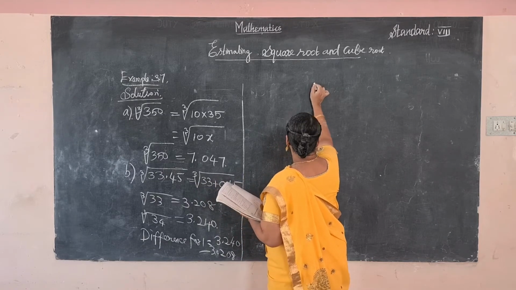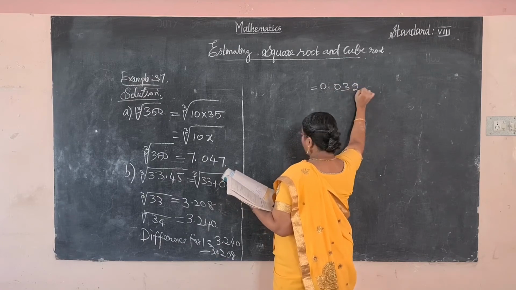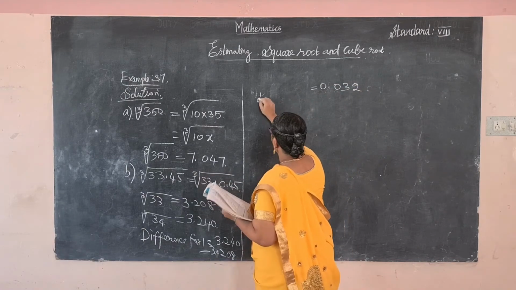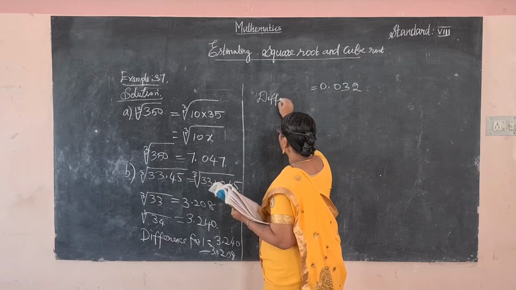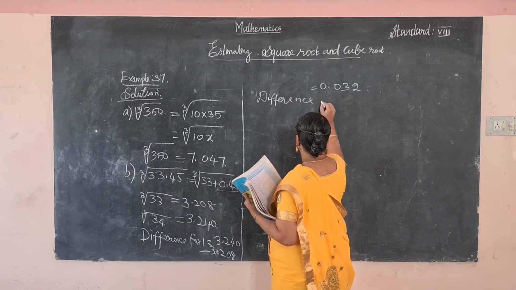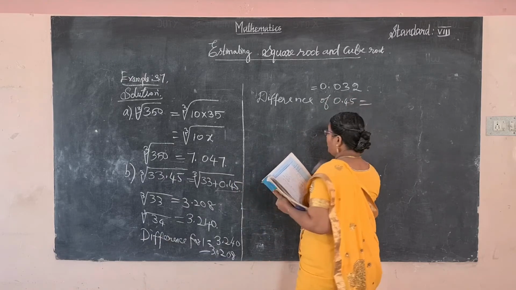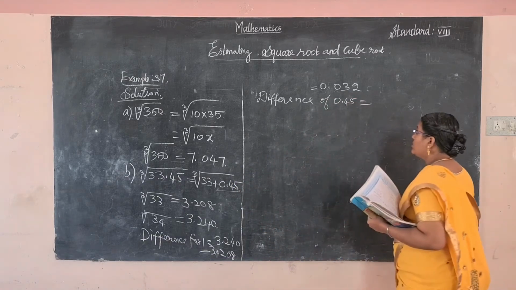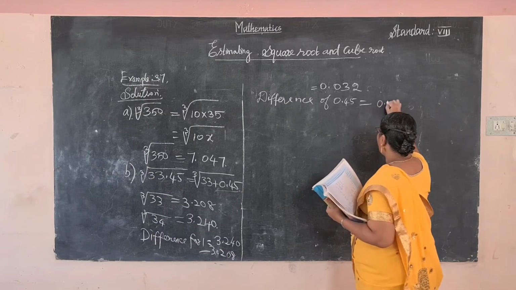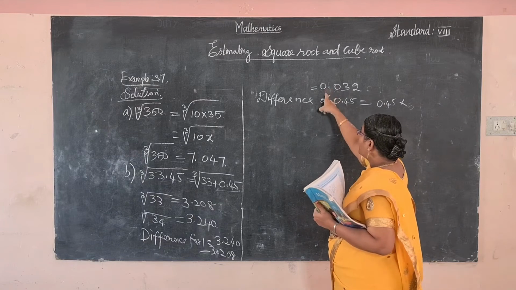We get 0.032. Next, the difference for 0.45 is 0.45 multiplied by the difference for 1.